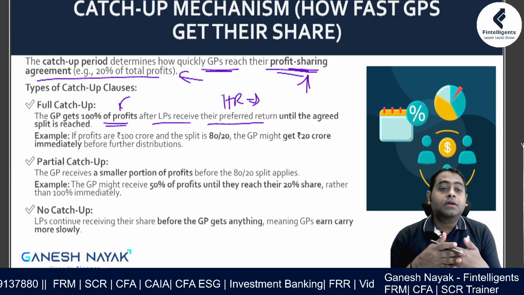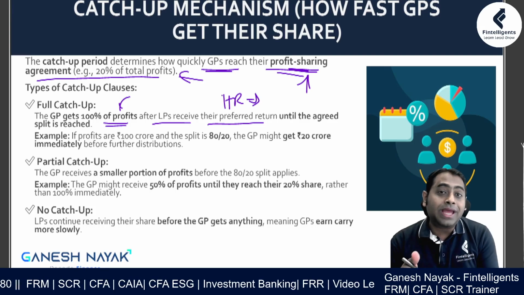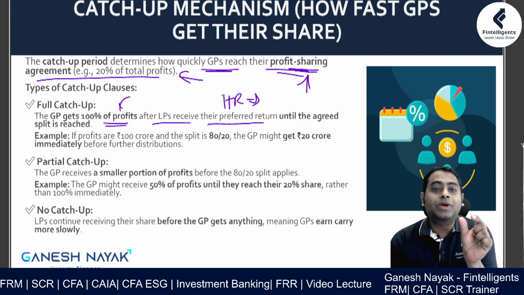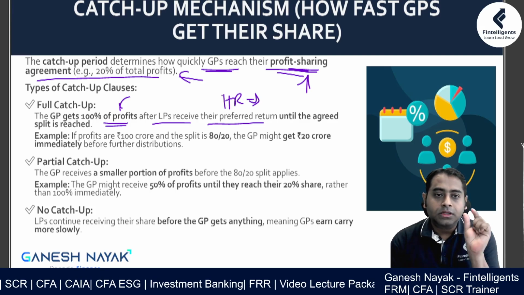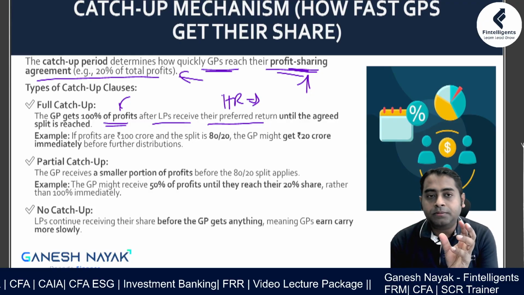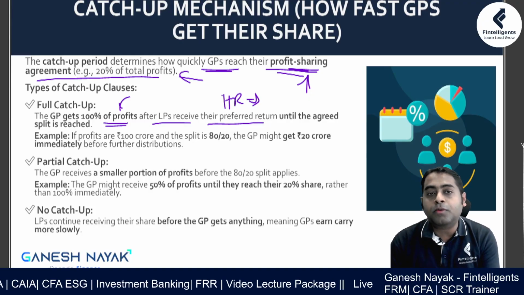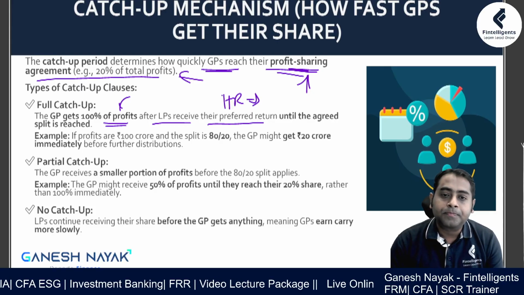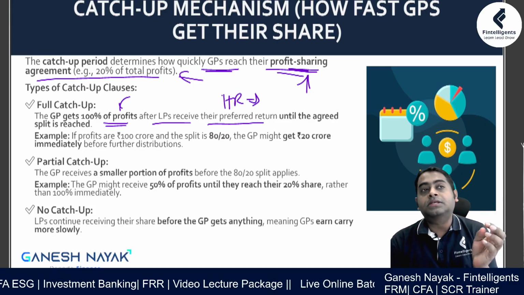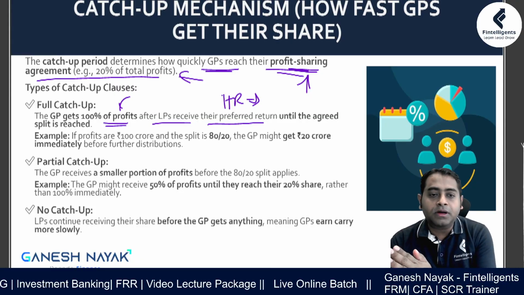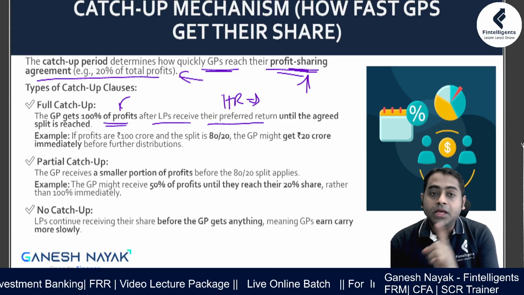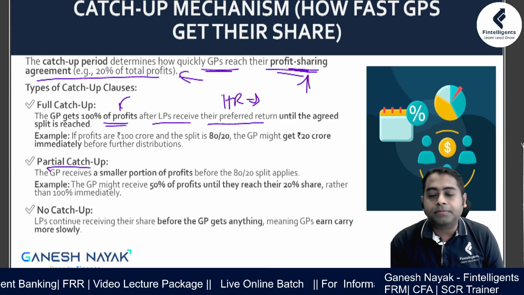Then you calculate how much you're going to get, what percentage of the 20% of the overall profit. In certain cases you get the entire amount in complete payment. In certain cases it is partial catch up.